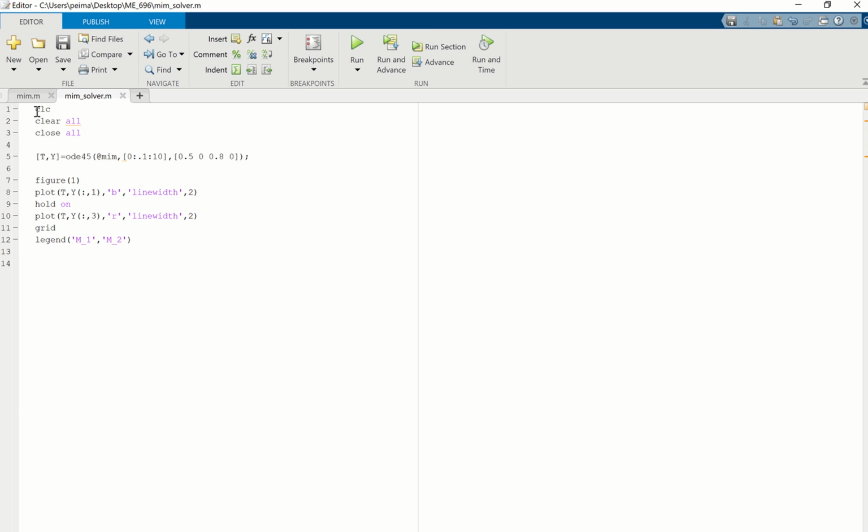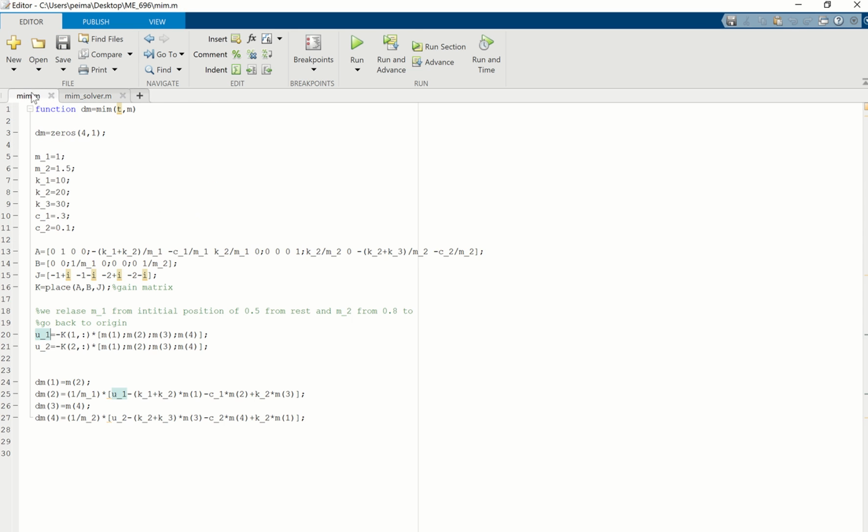You have to say con, but you have to make it a global parameter. Global con means that after this, when you run con here at 0, it's going to be shared with the other M files in the workspace. So you have to do the same here, global con.